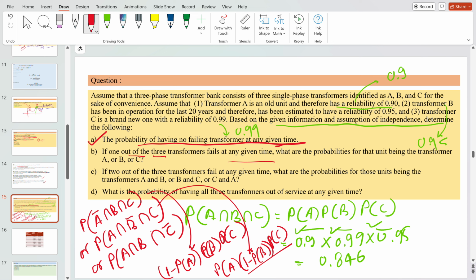Okay, I got one answer. Others also try to solve.